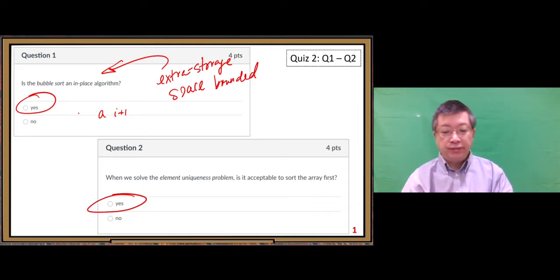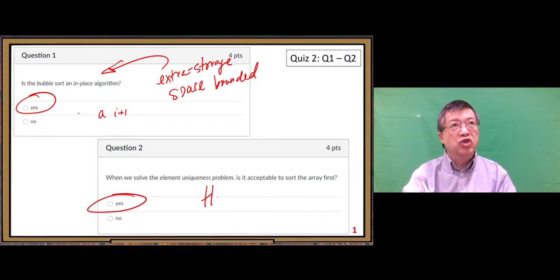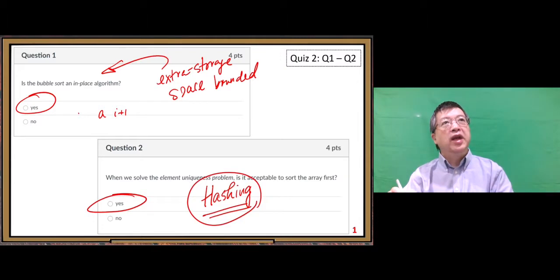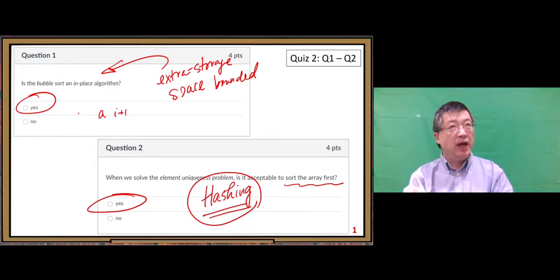But here, I want to point out that later when we learn new technologies, we will learn another much faster searching algorithm called hashing. After we learn the hashing technology, we can do faster than the sorting way, the data preparation way.